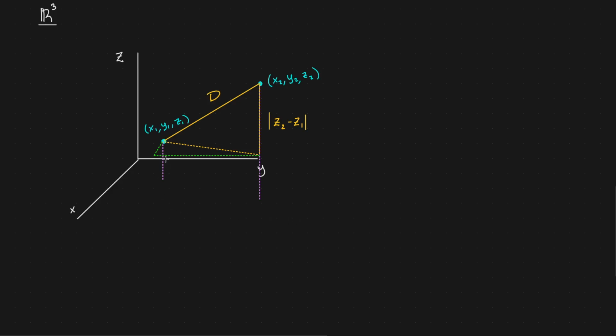Okay, hopefully that makes sense what's going on there. Let me tighten up my lines a little bit here. Okay, hopefully that makes sense what's going on. This triangle here is a right triangle parallel to the XY plane.